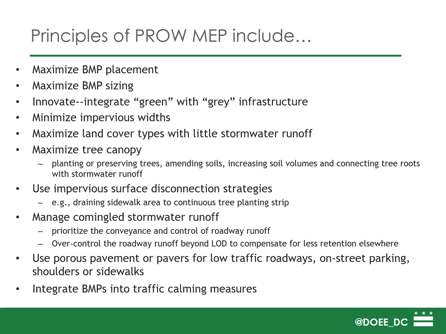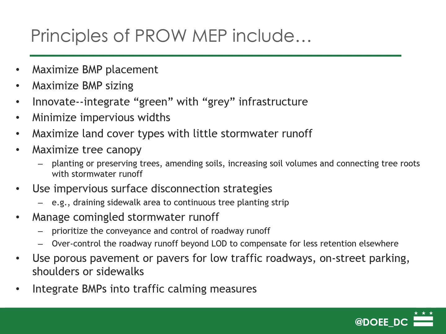Minimizing impervious widths, right? You don't have to have the entire public right-of-way all be concrete. Even if you can't put a BMP in there, try to reduce the imperviousness that you're proposing in those areas. And maximizing the land cover types that don't have as much stormwater runoff, right? So compacted cover area, essentially.